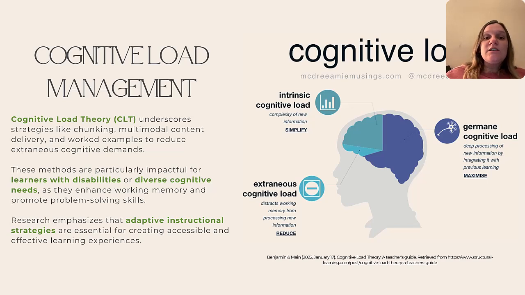Cognitive load management focuses on cognitive load theory. This includes chunking, multimodal content delivery, and worked examples. Learners with disabilities and diverse cognitive needs benefit from research into cognitive load theory and adaptive instructional strategies.